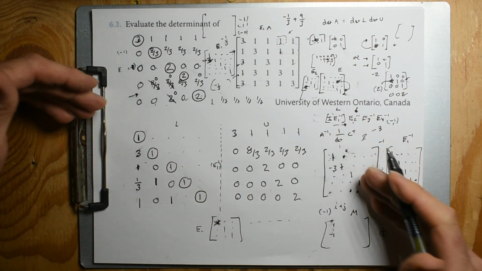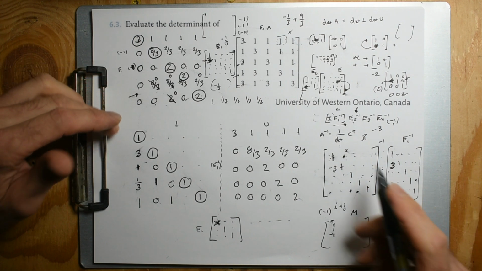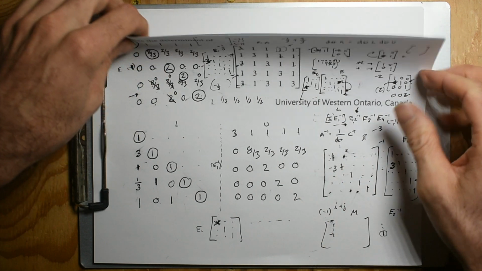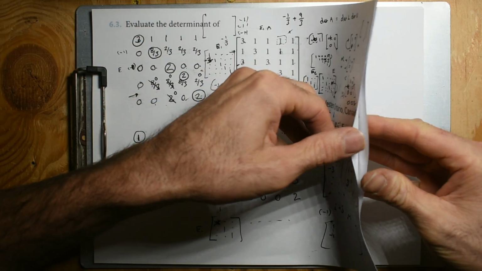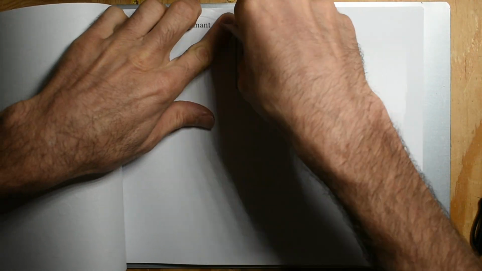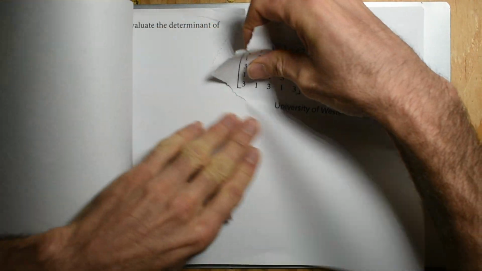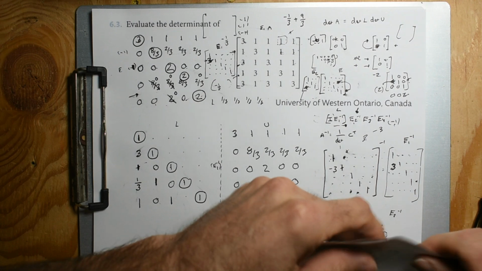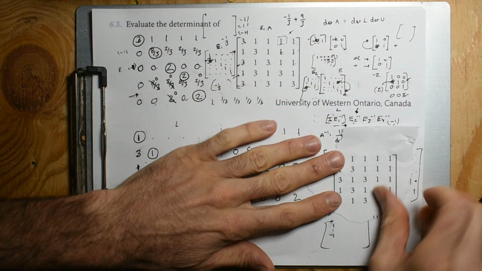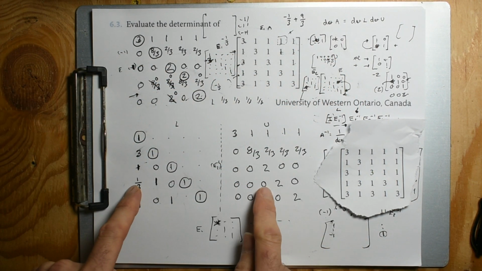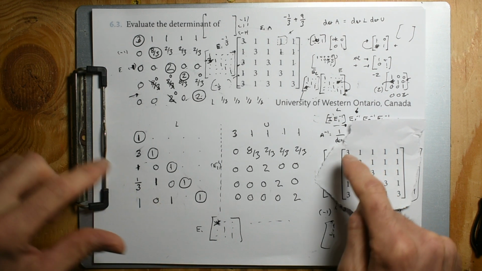And if we wanted to check this, since I printed out plenty, this lower and upper should equal this. Let's at least check this first row.